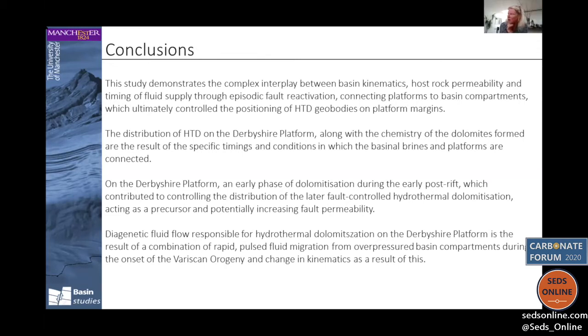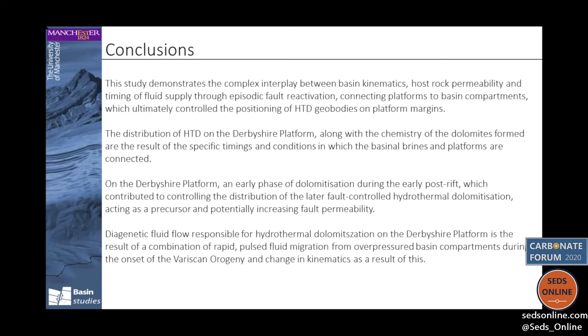Okay, thank you. So do you think some of your higher salinity basin fluids, you're saying they're coming from the basin, but how did those high salinity fluids get into the basin? Were there episodes when circulation was restricted and maybe the seawaters within the basins became concentrated by evaporation? It's possible.